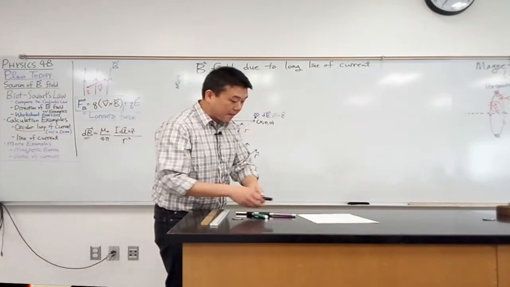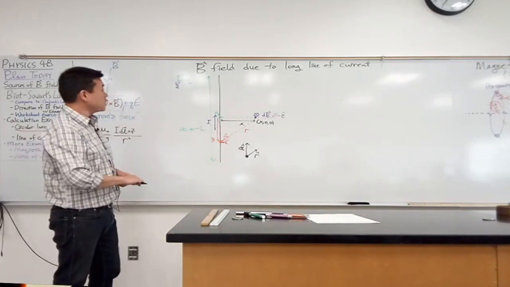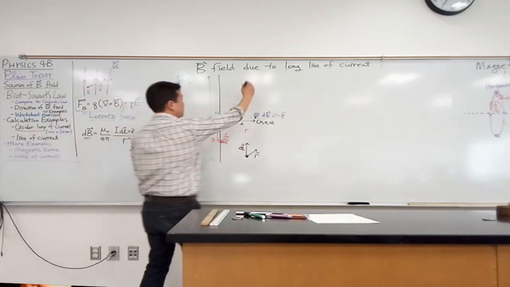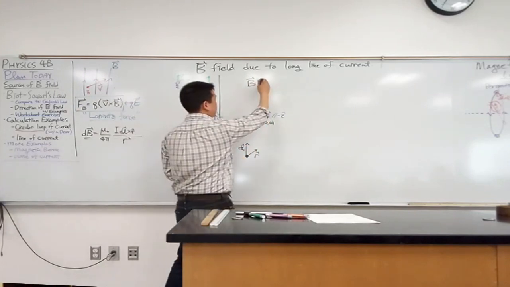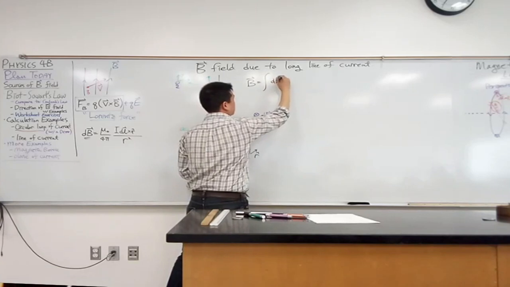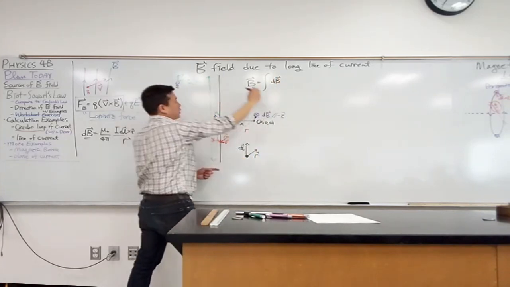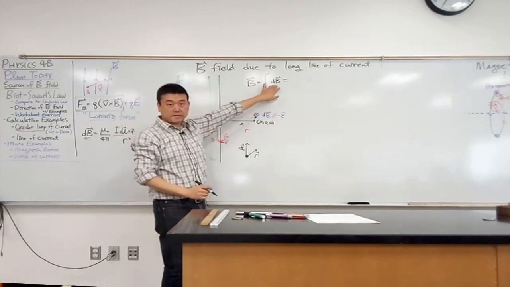So let's say we are now trying to find the magnetic field. So the magnetic field B will be the integral of this dB along this line of current. So I write down what this dB is.